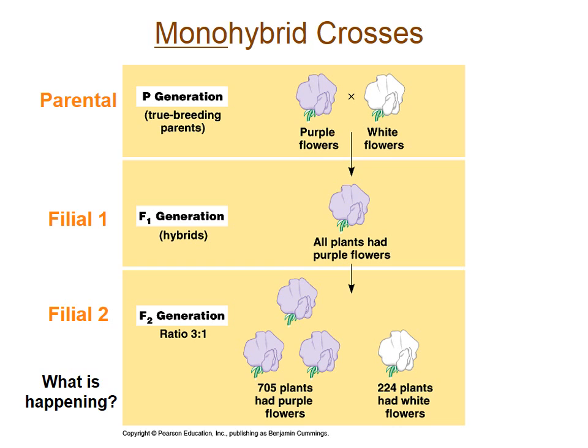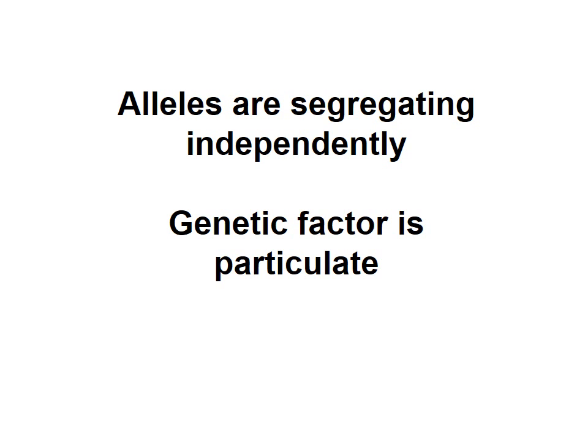Okay, and so based on that, Mendel came up with 2 ideas. One, that alleles are segregating or separating and then coming back together independently. And 2, that when they are together, say in that F1 generation, they don't modify each other; they separate out, they segregate out and come back together in a particulate fashion.